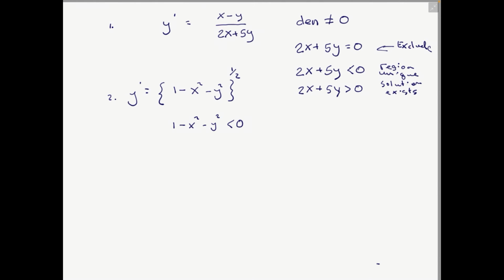So if we do a little algebra, x squared minus y squared is less than -1. So therefore, x squared plus y squared is less than 1.